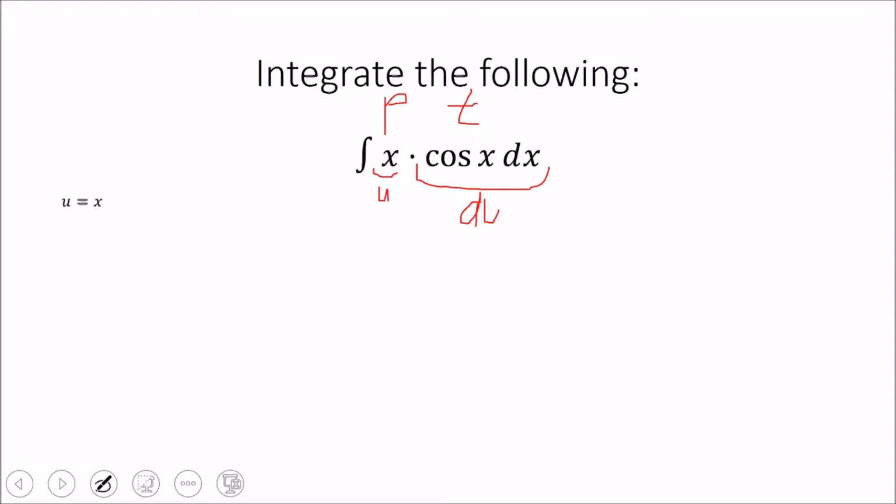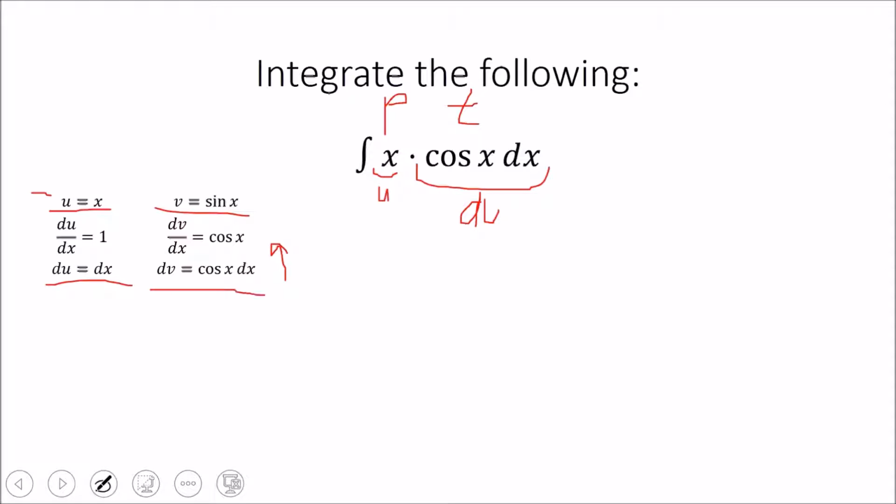So if u equals x and dv equals cosine of x times dx, we'll begin with this and take the derivative, which equals 1. And then if we multiply by dx, we get du equals dx. Now working backwards from here, we integrate this after dividing by dx, of course. And then based on the simple derivative rules, we get v equals sine of x. So now we have our 4 different values that we need to plug into the equation.